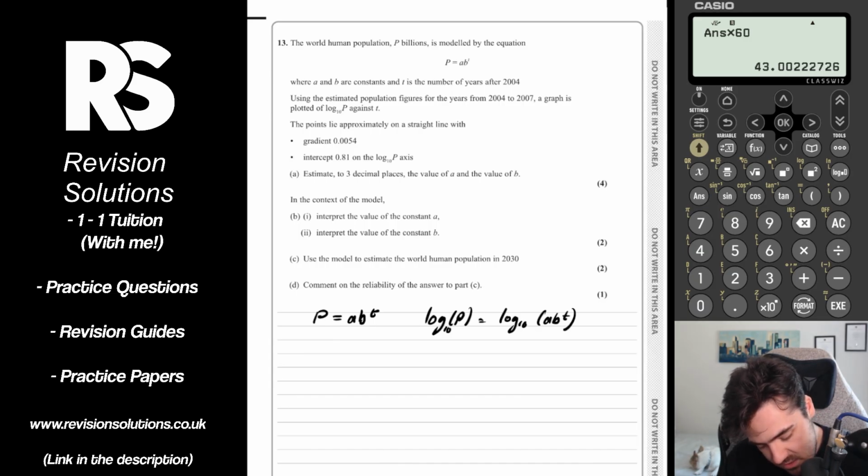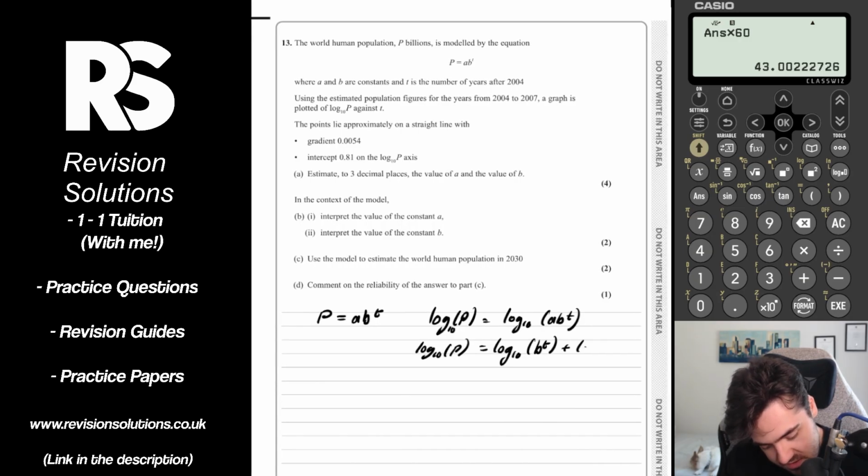Then we can split that log up using the addition rule for logarithms. So that would be log base 10 of B to the T plus log base 10 of A. Then we can bring out that power using the power rule for logarithms. So log base 10 of P must equal log base 10 of B times T plus log base 10 of A.